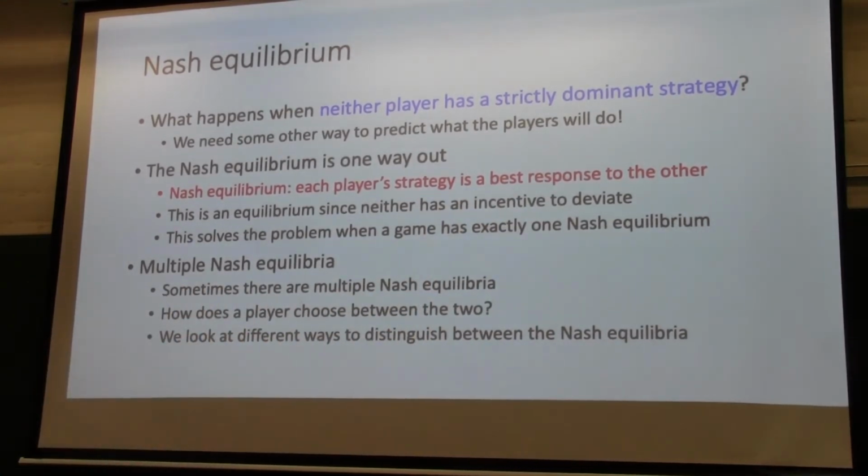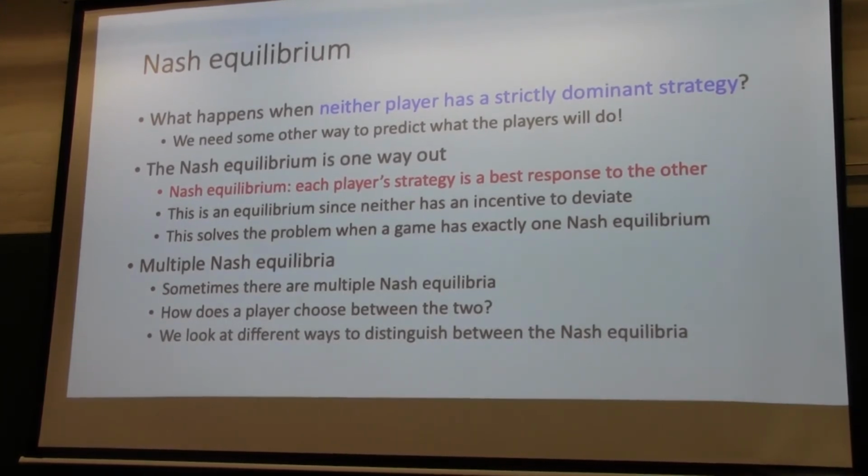That means it's an equilibrium because both are together. If player 2 picks something, player 1 has the best response to that. But if player 1 picks that thing, then player 2's best response is what it also picks in that case. Let me show you how it works.